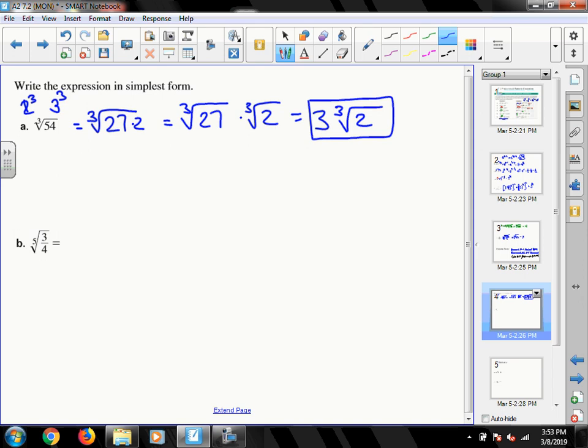B. I'm actually going to do something a little different than what we did with square roots. You can still do the same thing where you multiply by that same root in the denominator.